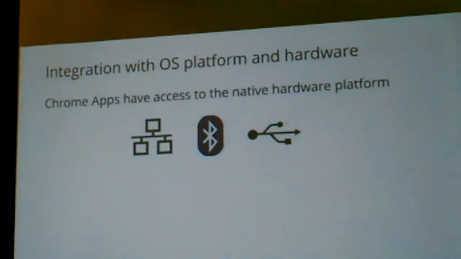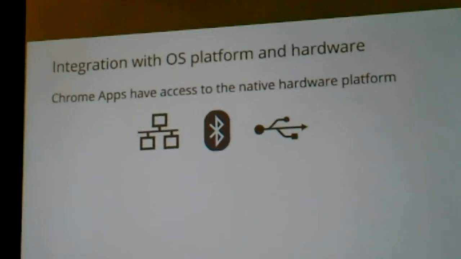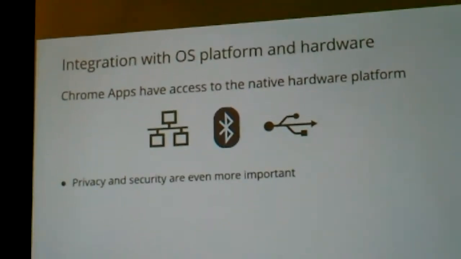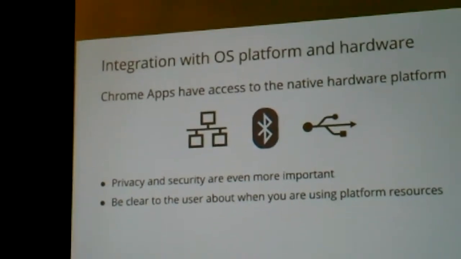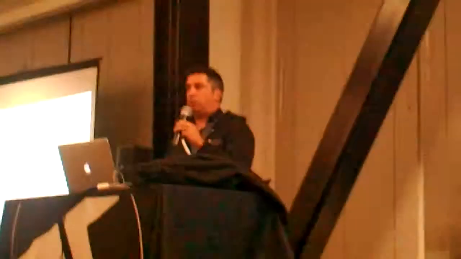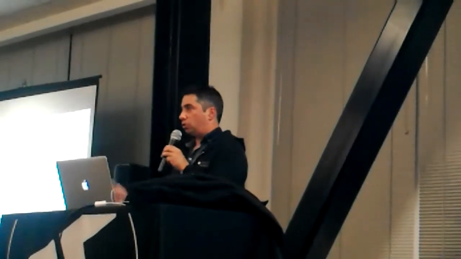All right. So I talked a little about having access to the platform. Chrome apps have access to the network, Bluetooth, USB. Obviously, this has privacy and security implications. With things like this, you really want to be clear to the user about when you're consuming resources. In some cases, you have no choice, right? You use the camera, the little light comes on, camera goes off, the light goes off.